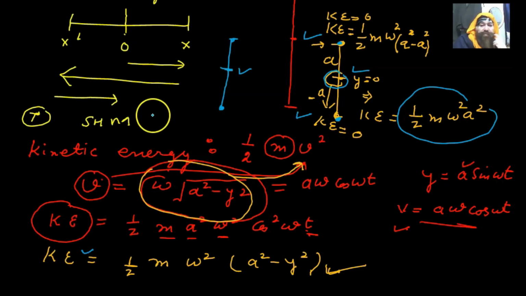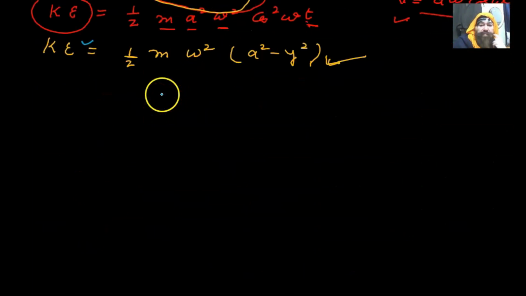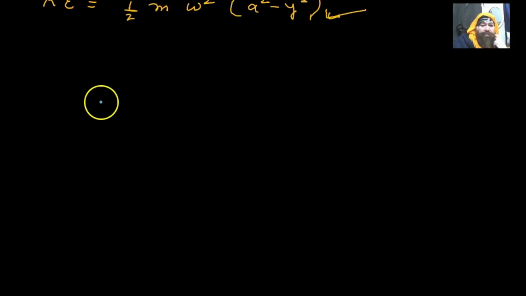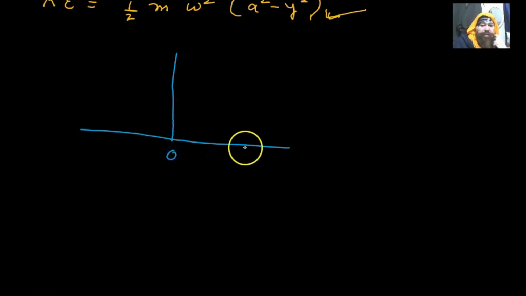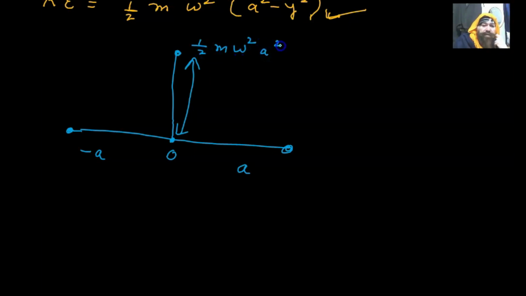If I draw a graph, this is the mean position, this is one extreme position, and this is the other extreme position, a and minus a. At the mean position, kinetic energy is half m omega square a square.